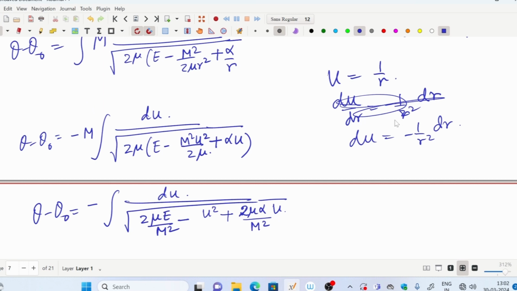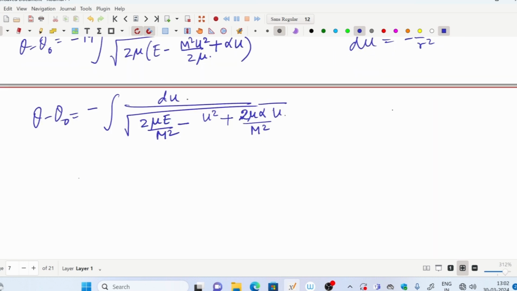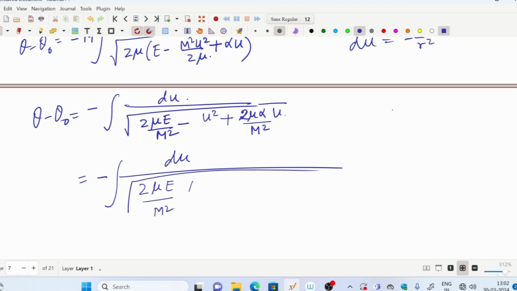So this can be combined as du over the square root of 2 E m square, and then minus u minus mu alpha by m square, whole square. I have added alpha square mu square by m to the power 4, so I have to subtract that also.